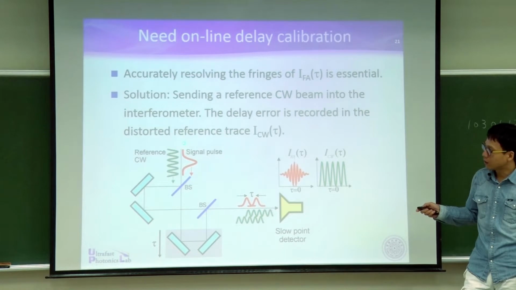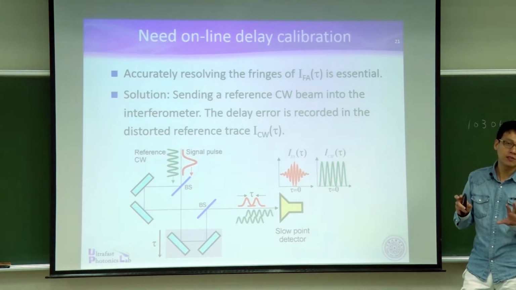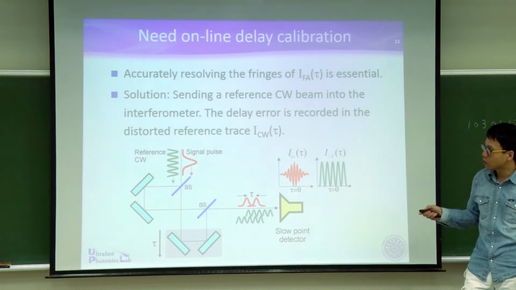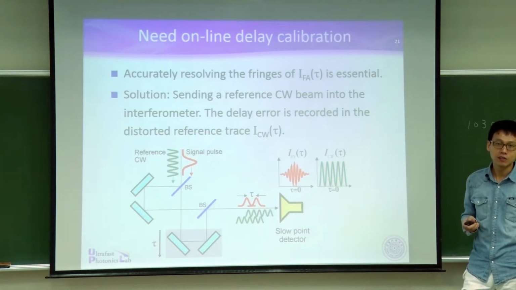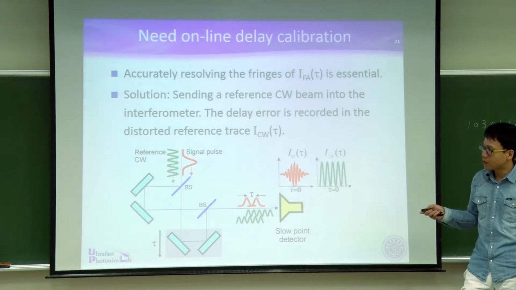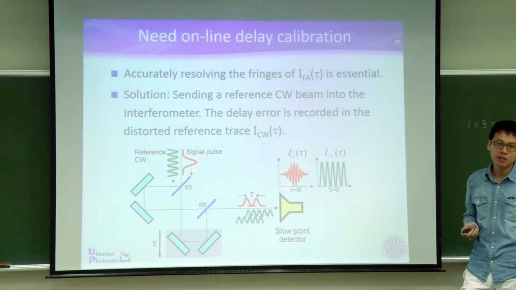Then they can propagate along the same path, but detected by different detectors. One is sensitive to infrared signal pulse. The other is sensitive to your visible CW laser. Then you can have two data traces simultaneously. That is one possibility.